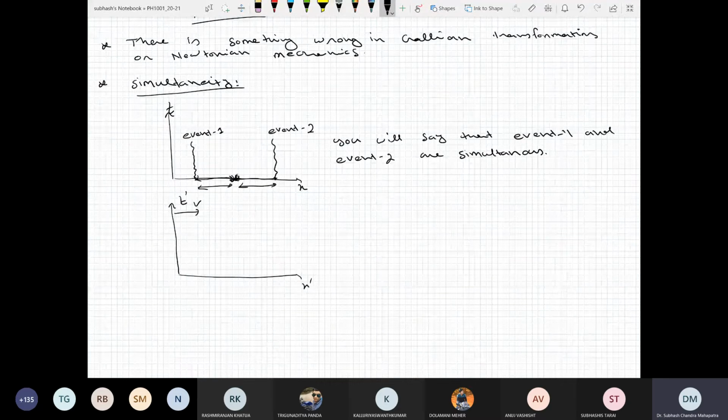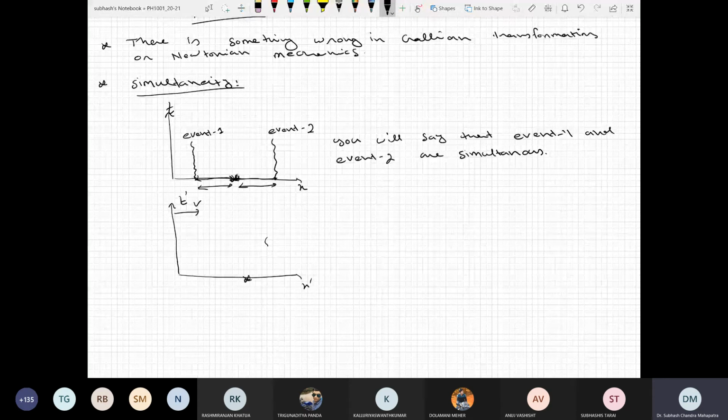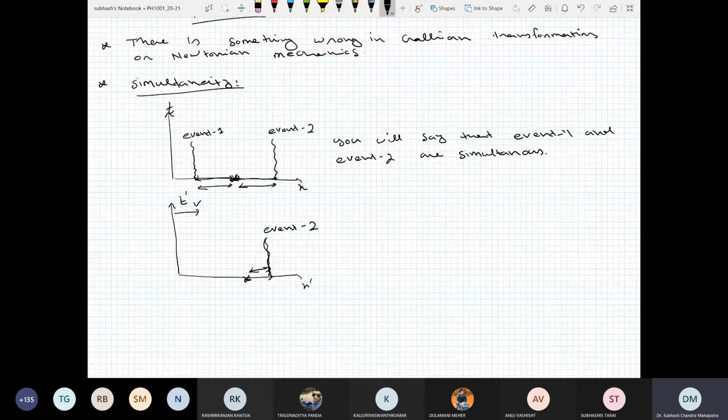But now analyze the same scenario with respect to an observer who is moving with velocity v. The observer will say, no, the signal from event 2 will reach first. Why? Because by the time light reaches you, you have already traveled a distance vt in the direction of event 2.